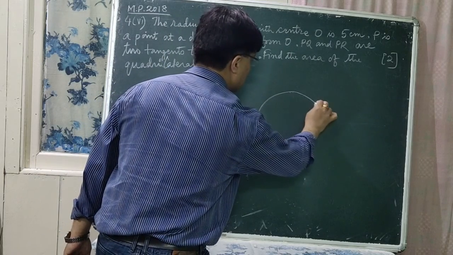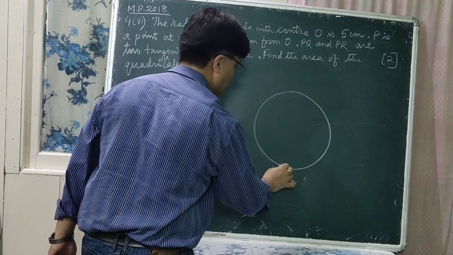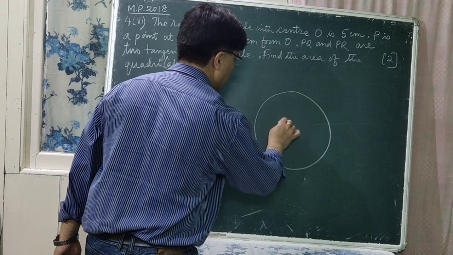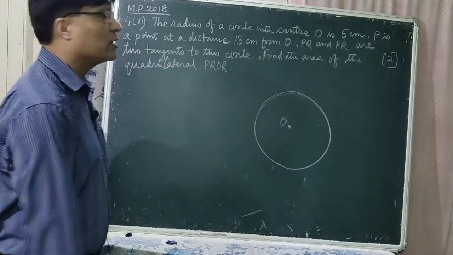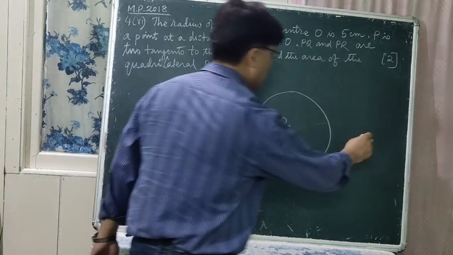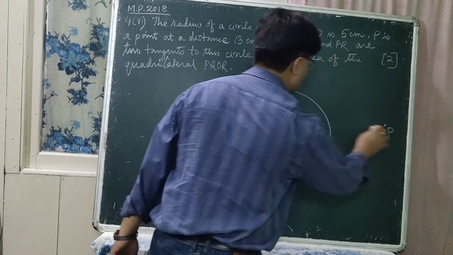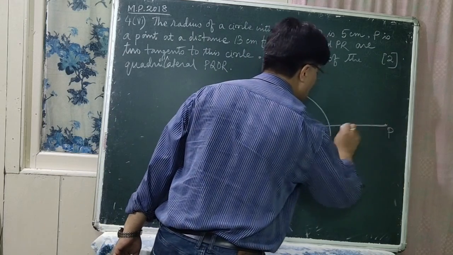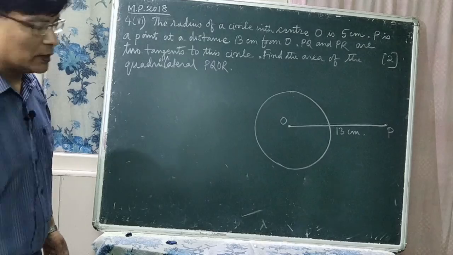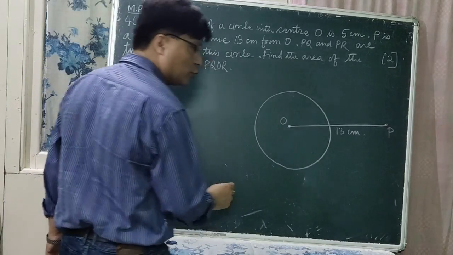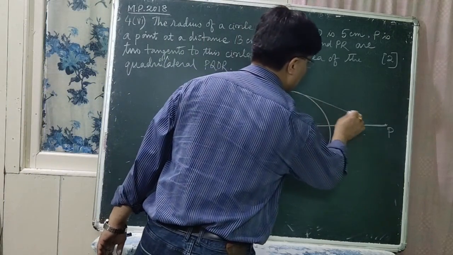So this is the circle whose center is the point O, right? And here the radius of the circle is given as 5 centimeter. And P is a point outside the circle which is at a distance of 13 centimeter from the center O. And you have to draw two tangents, PQ and PR.